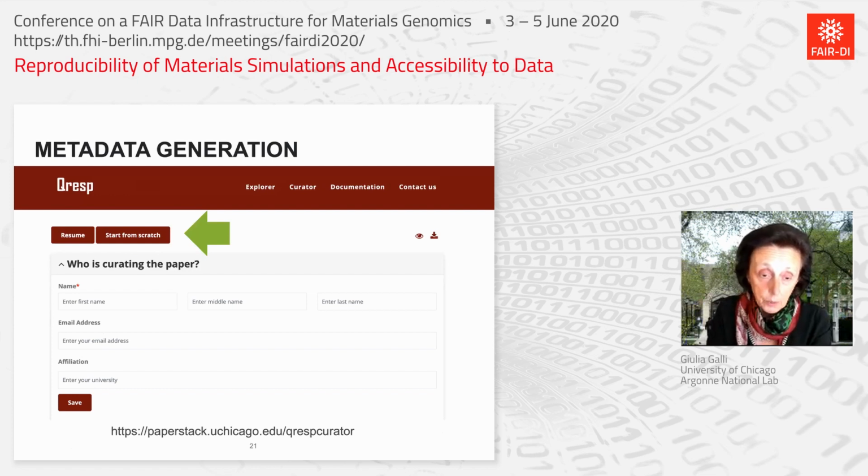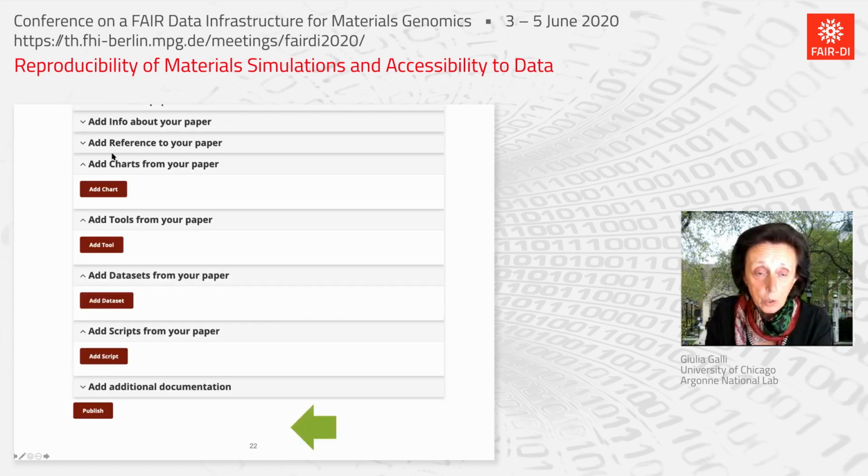Of course, the first question is who's curating the paper, and the email address. And then there are a number of questions where you can add charts, tools, datasets, scripts, and of course, they must have been organized ahead of time. Otherwise, if you don't know where they are, you cannot build this curation procedure.